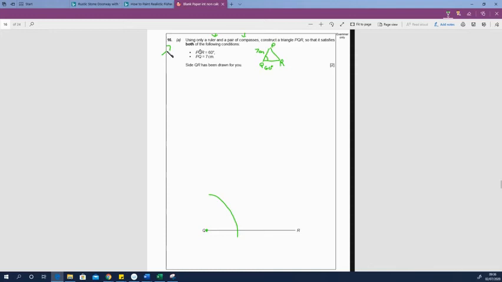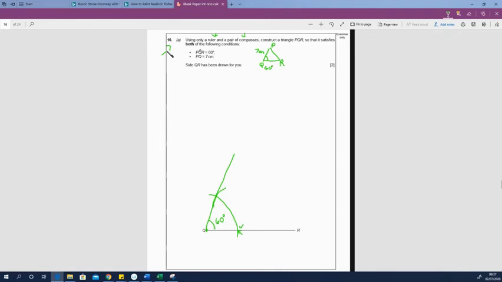Keeping the compasses at the same length, you move the point of your compass to the point where the arc crosses PQ, and you draw an arc that crosses the arc you've just created. Now, if you join Q to the intersect of those two arcs, that will be an angle of 60 degrees.